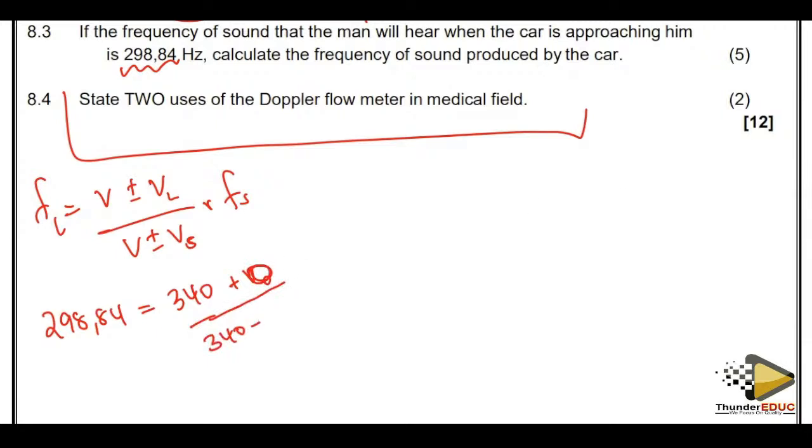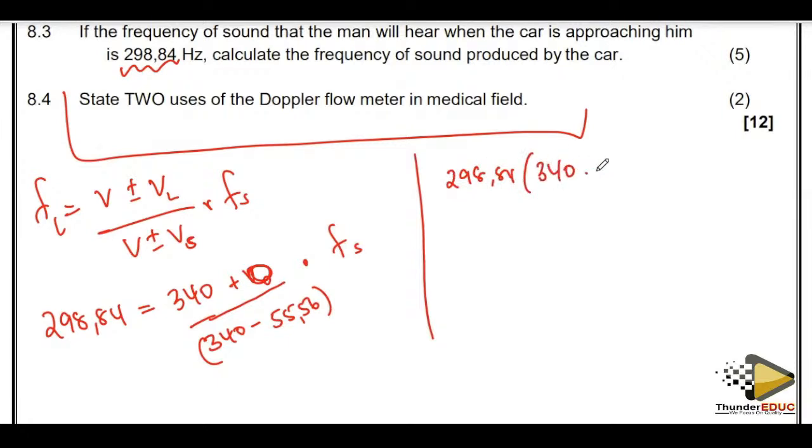They told us the car is moving at 200 kilometers per hour, which we got as 55.56. We multiply this by fS that we need to find. All right, so we're gonna do the magic. Cross multiply. That's 298.84 multiplied by 340 minus 55.56.